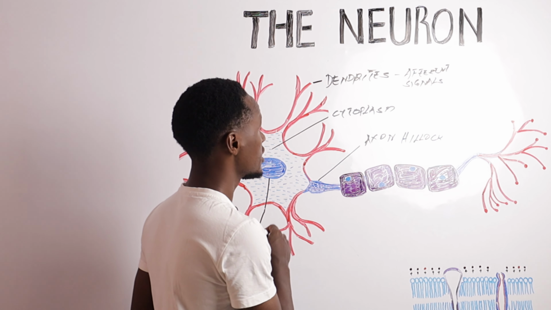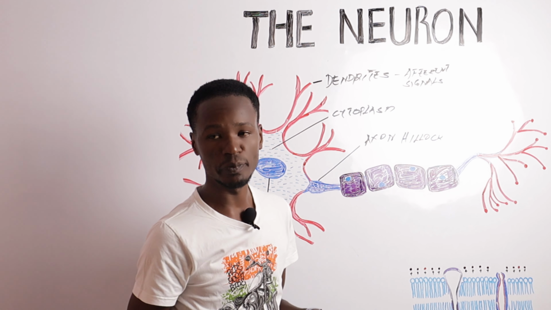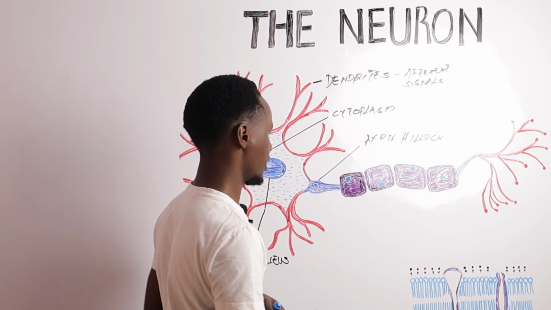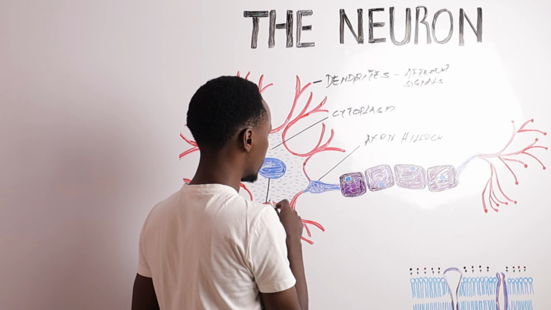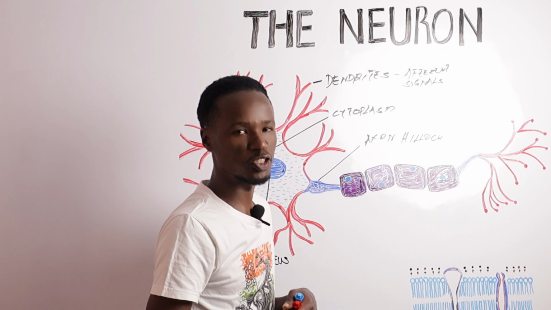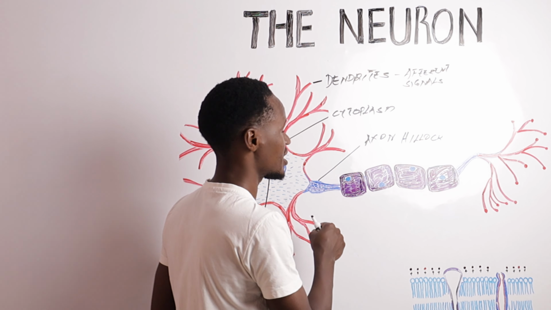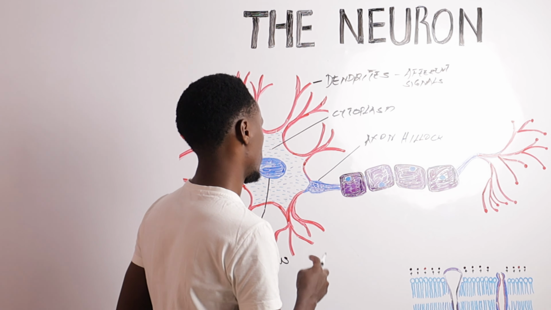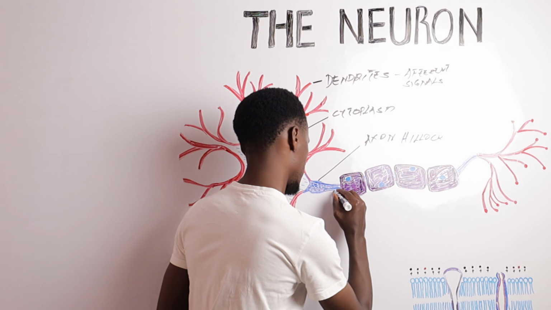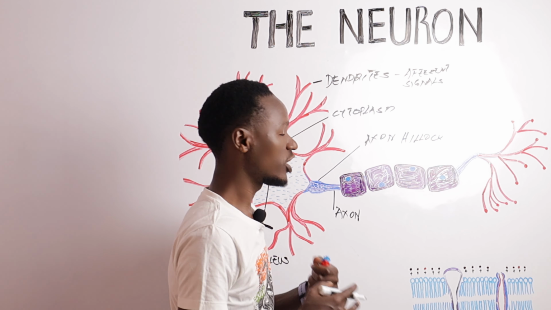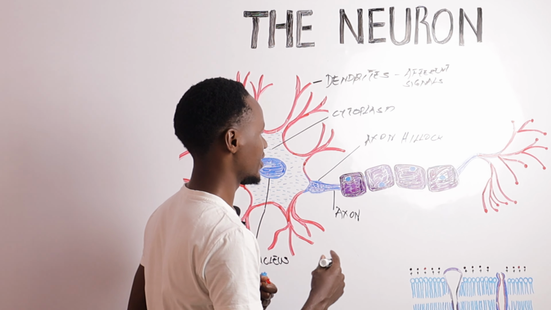Like I said, this is a motor neuron, so it will be sending nerve impulses from the cell body towards the axon and the skeletal muscle. Because this is a motor neuron, it has to do with movement. So this is the axon, and an axon is a long fiber that connects with other neurons.